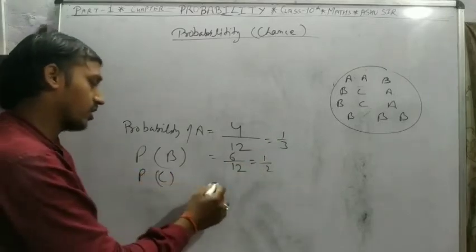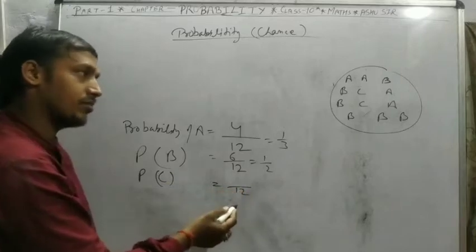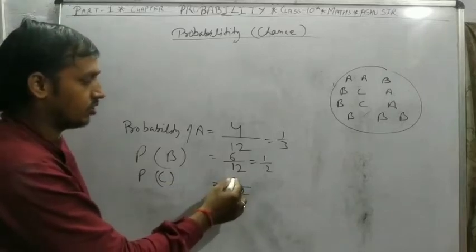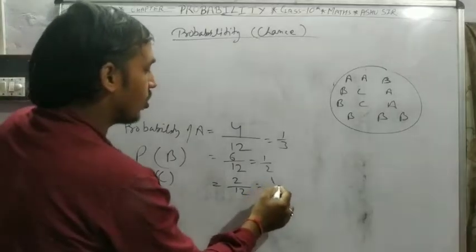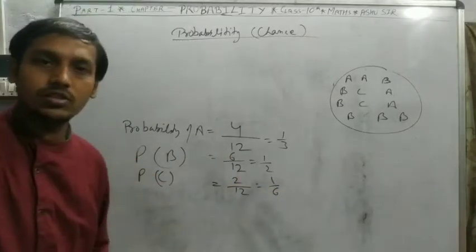For C, selecting from 12, same, we select 2, because we only have 2 C here.